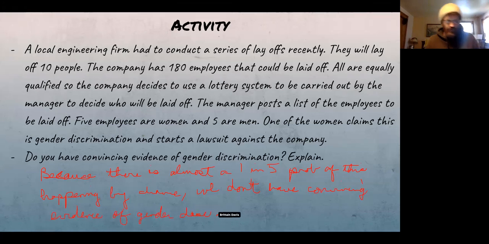All right, I'll just leave it right there for a second. So again, you might agree or disagree with that assessment, but 1 in 5 isn't that unusual.